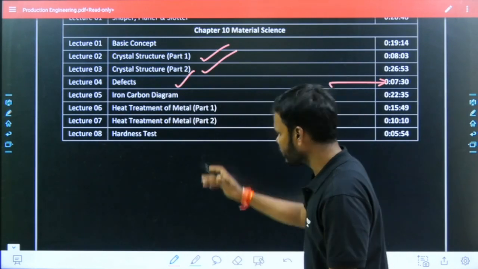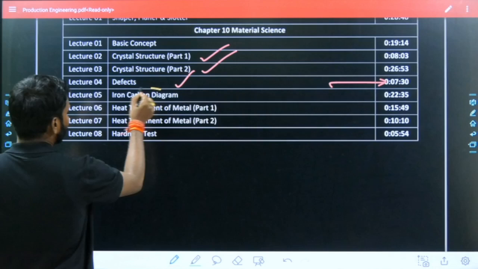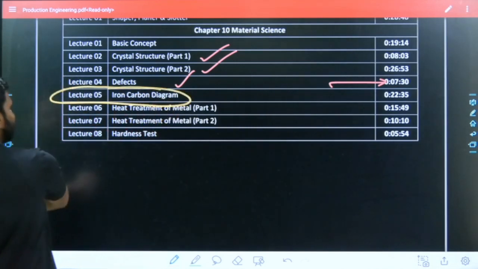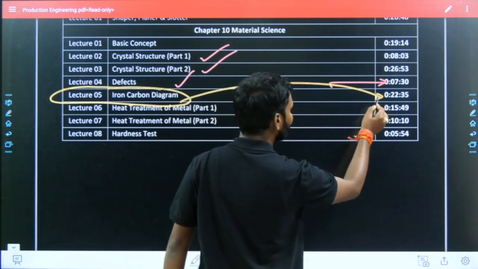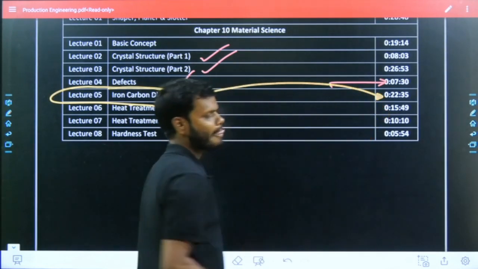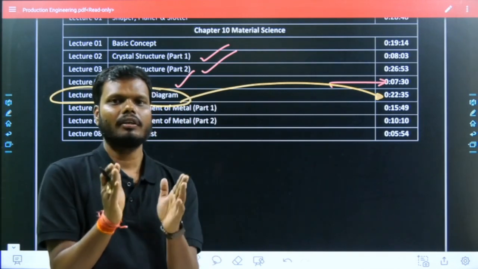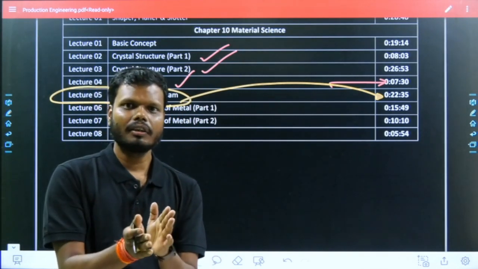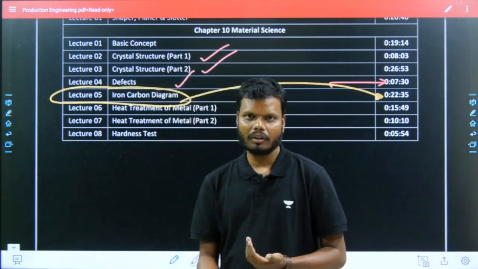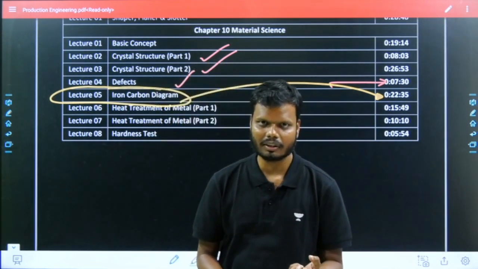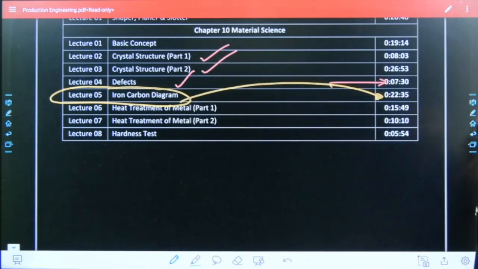Out of these three, the iron carbon diagram, that is lecture 5, is very important, and this chapter is covered in only 22 minutes 35 seconds, in a very good manner. The schematic diagram plus how to calculate the percentage of carbon in different types of phase conditions are all covered in lecture number 5.